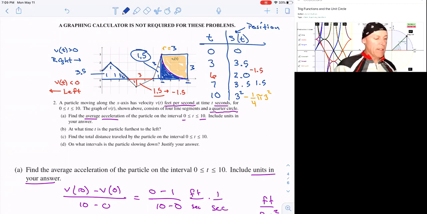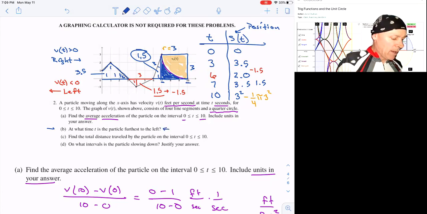Now the question is, we built this table and we're working on part B, and it says at what time t is the particle furthest to the left? Well, we've got a table of our positions here. You might not realize it, but this is an absolute minimum question.